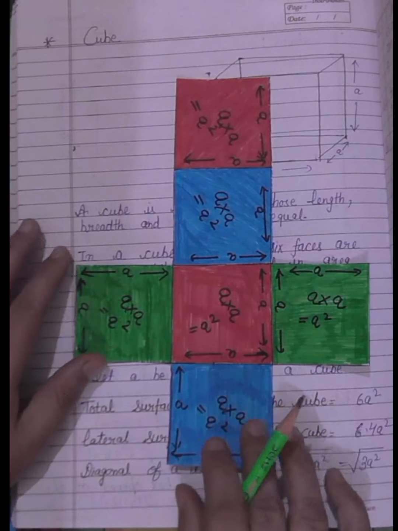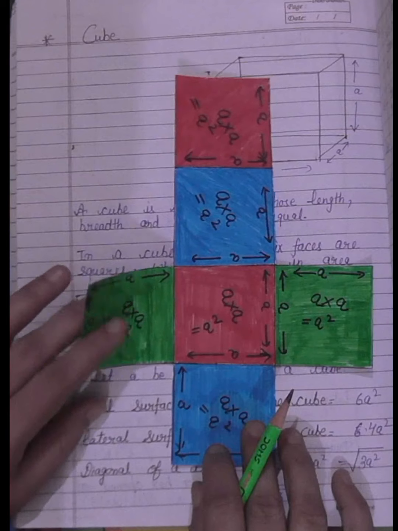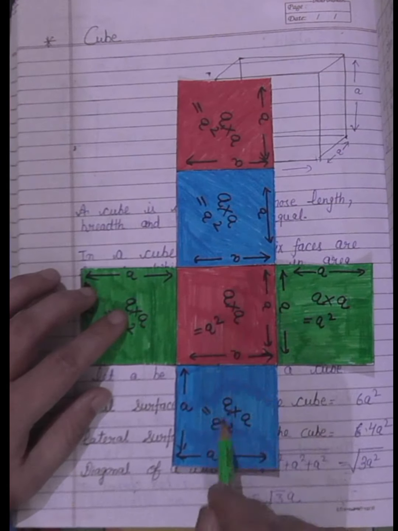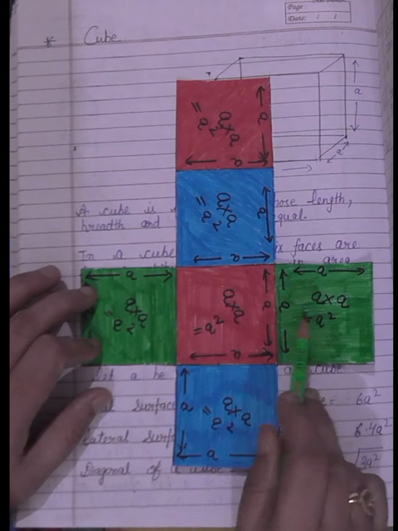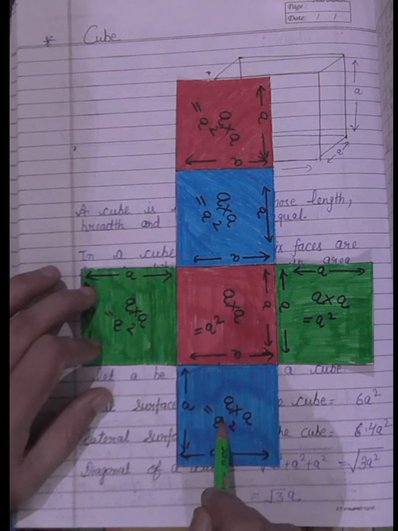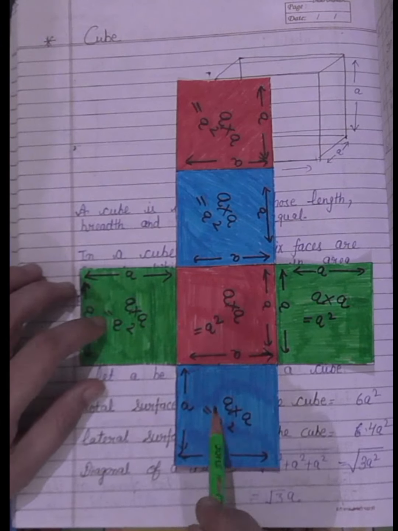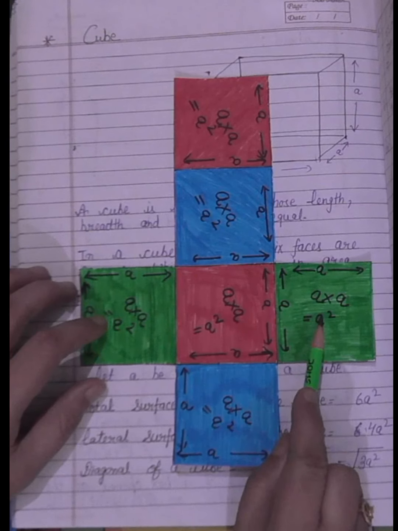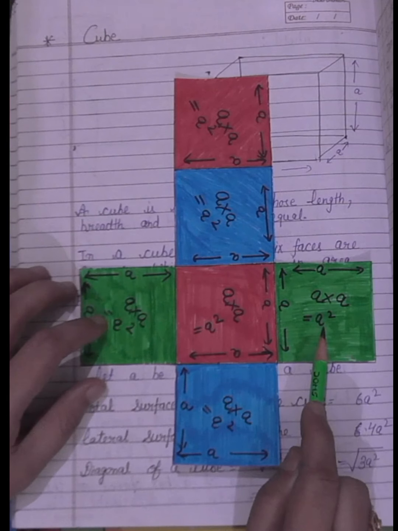I have prepared a net for a cube also. Actually, it also has 6 faces, but all the faces are squares of the same side. So all have equal areas. Each face has area equal to A square.